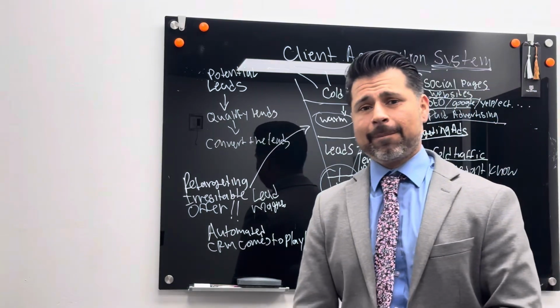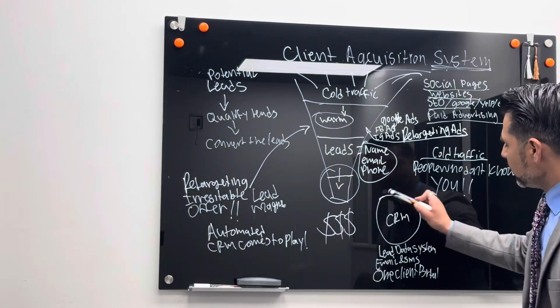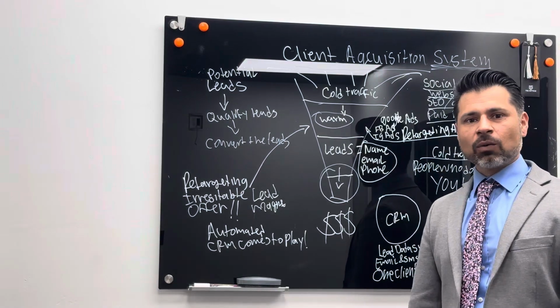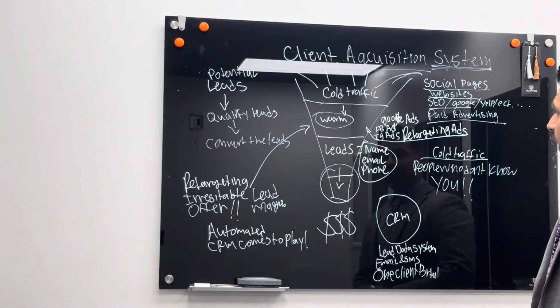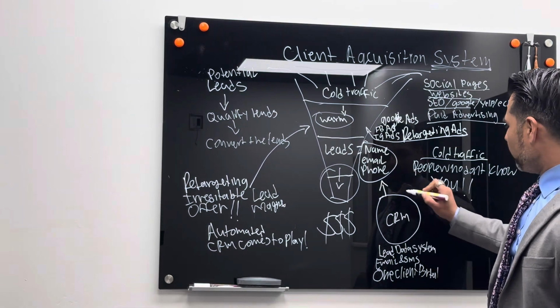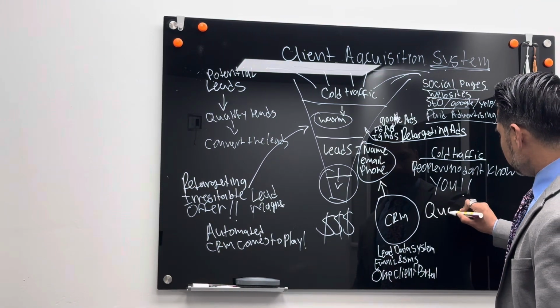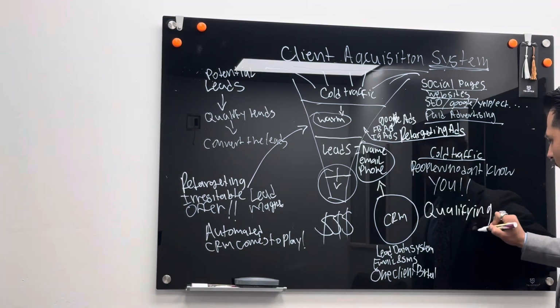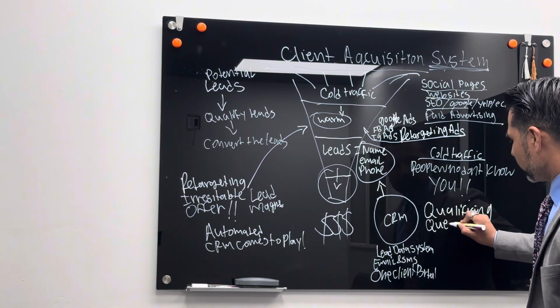How do we know? And this is where the CRM and the automations come in, right? Because what we do here is we start sending them qualifying questions, the QQ.